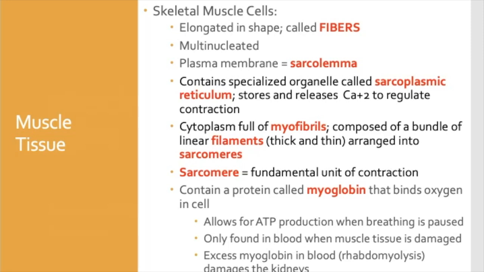The other thing that makes skeletal muscle fibers quite unique is the presence of a protein called myoglobin. Myoglobin is a relative of the protein called hemoglobin, which is responsible for carrying the gases oxygen and carbon dioxide through our blood and to and from our cells. Myoglobin is a very similar protein in that it's capable of binding oxygen.